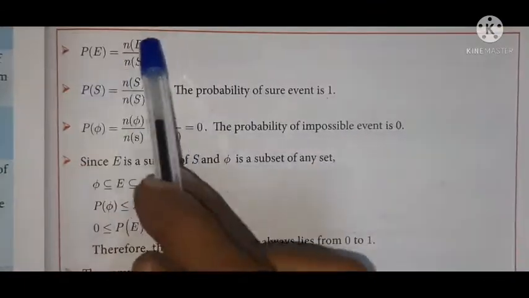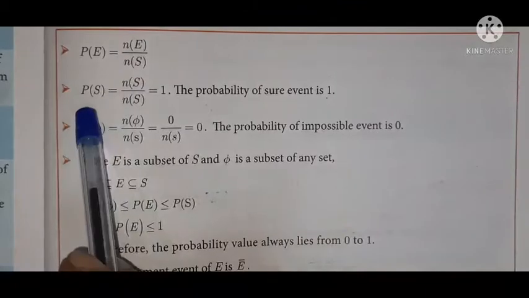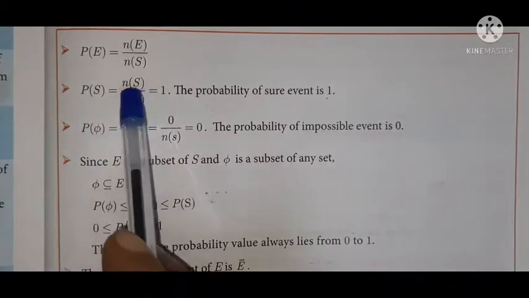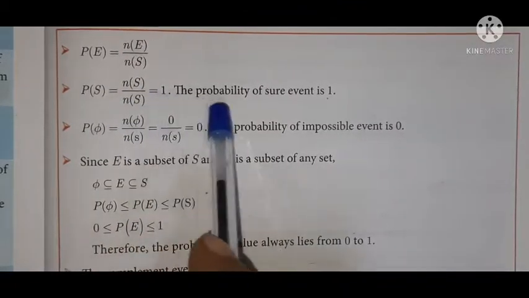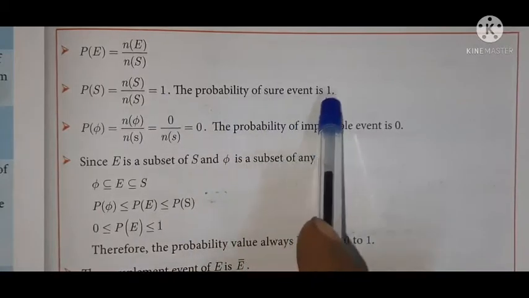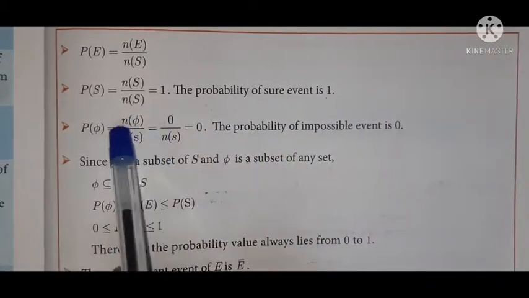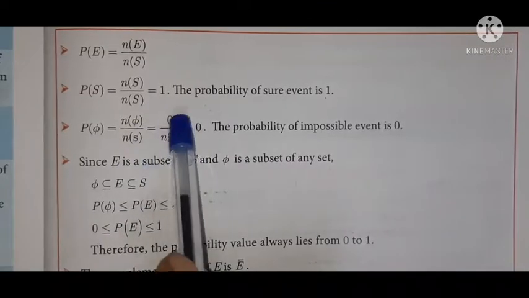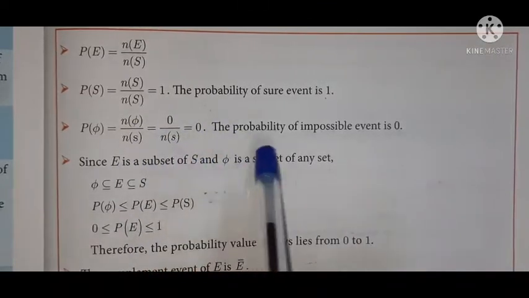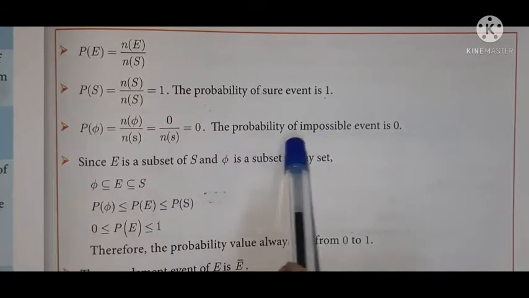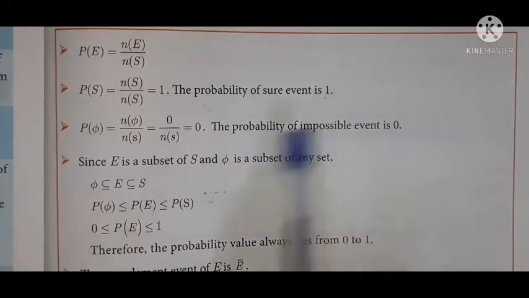P of E is equal to n(E) by n(S). P of S is equal to n(S) by n(S), that is 1. The probability of a sure event is 1. P of null is equal to n(null) by n(S), which is 0 by n(S), that is 0. The probability of an impossible event is 0.